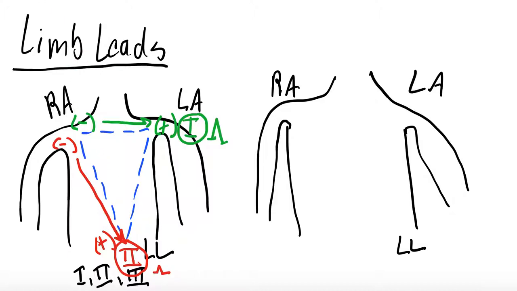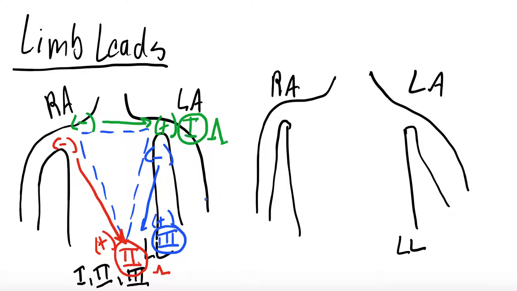And lastly, I'll make it blue even though our triangle's blue, lead 3 is going to be a negative left arm down to a positive left leg, and that's lead 3.